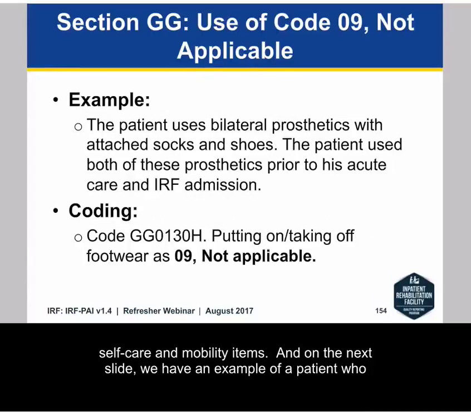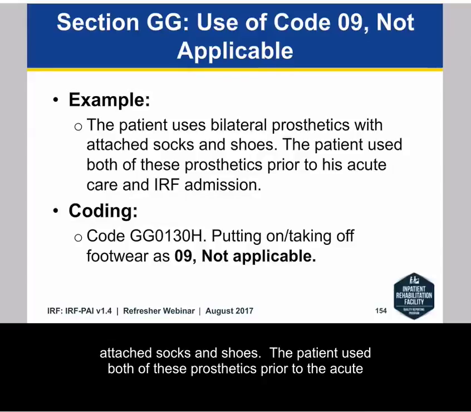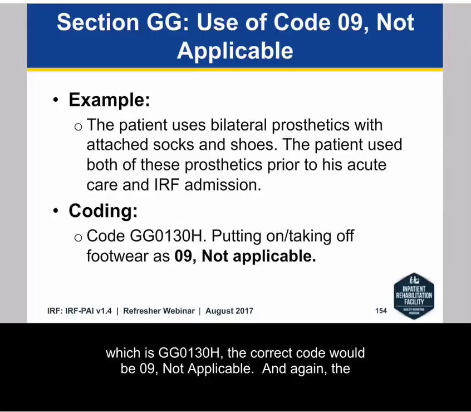On the next slide, we have an example of a patient who would be coded 09. This patient is a person who uses bilateral prosthetics with attached socks and shoes. The patient used both of these prosthetics prior to the acute care and IRF admission. In this case, for the item putting on and taking off footwear, which is GG0130H, the correct code would be 09, not applicable.